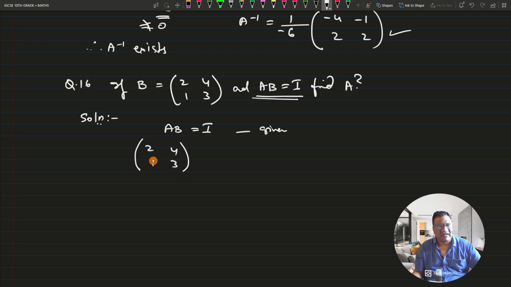This is matrix B. And here you will have a matrix A, say a, b, c, d. This is equal to identity matrix, which is 1, 0, 0, 1.